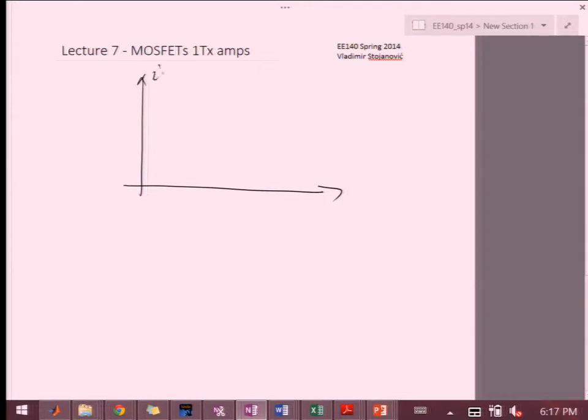If you look at the ID versus VDS curve, a transistor has this region defined by the ID sat curve, which is K prime over 2 W over L times VGS minus VTH squared. On this curve we also have VDS equals VGS minus V threshold.